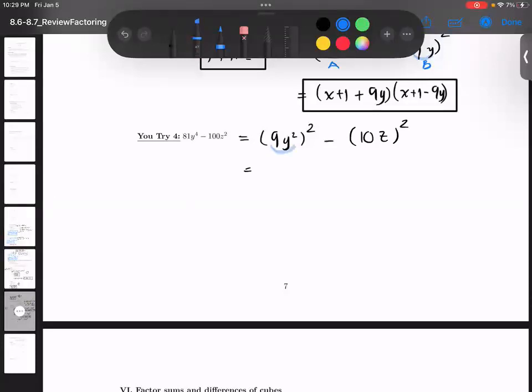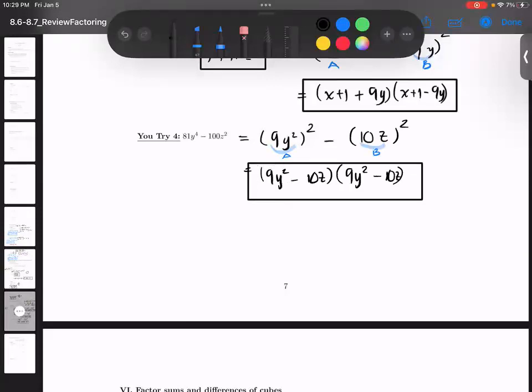That is my A, that is my B. Does it help? Label it out. Big A plus big B. Big A is 9y squared. Big B is negative 10z. Big A minus big B. 9y squared minus 10z. That's all we can do.